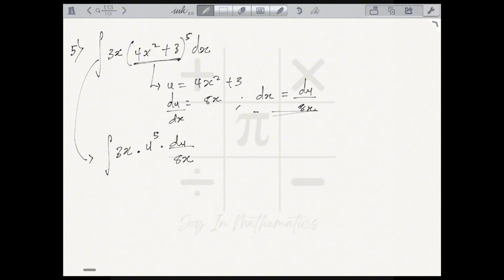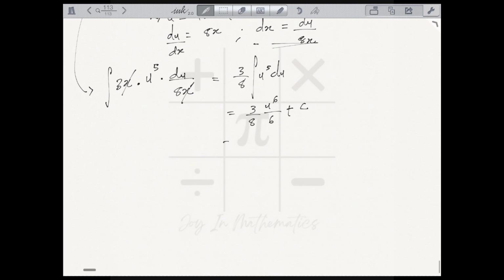Now with that done, we can see that this x and this x will nullify each other, and we'll be left with 3 over 8 integral of u raised to the power 5 du. And this will give us 3 over 8 multiplied by u raised to the power 6 over 6 plus c. Simplifying further, we have 1 over 16 u raised to the power 6 plus c.